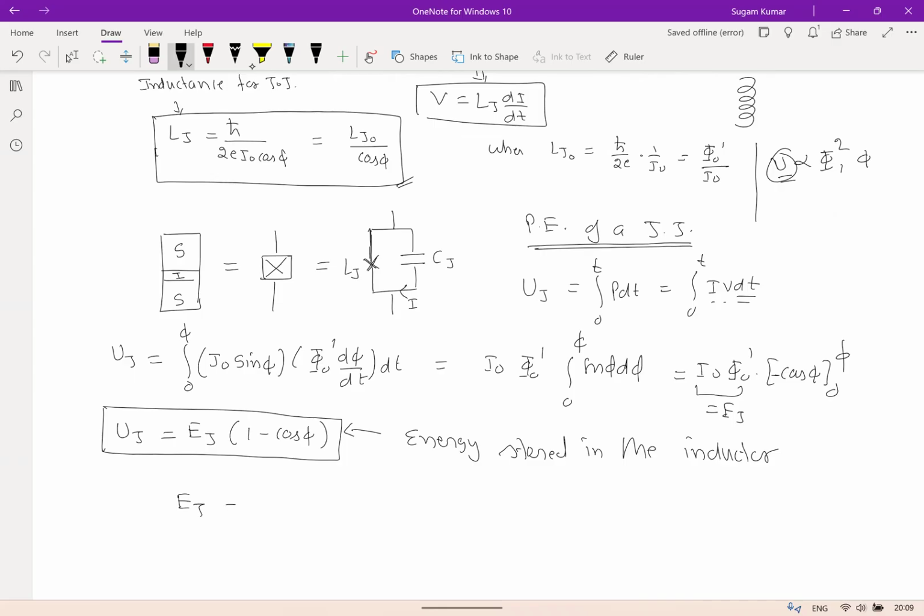This Ej is nothing but I naught and phi naught dash, and this is called the Josephson energy, or sometimes we call it Josephson coupling energy.